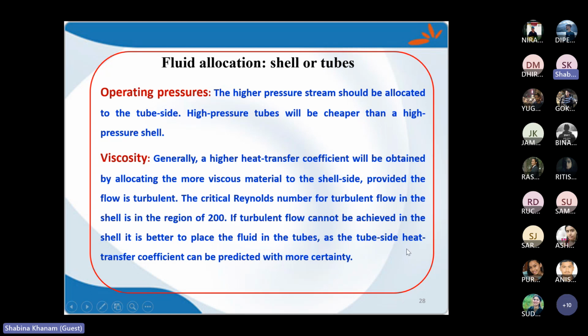Now if you observe the shell side structure, it is very zigzag type, because tubes are available in a definite pattern, either square type or rectangle type.